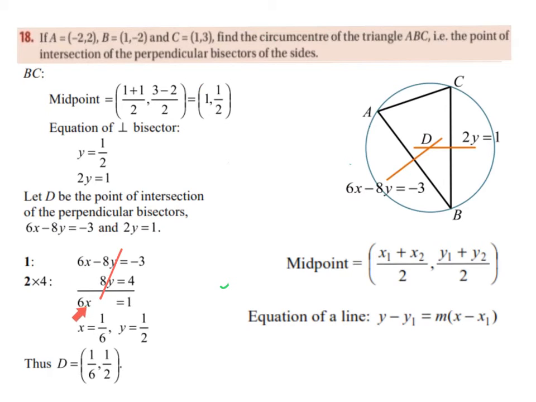So we have 6x is equal to 1, so x will be equal to a sixth. And then subbing x into one of the equations, doesn't matter which one, we'll get y is equal to a half. Thus D, the circumcenter of our triangle ABC, is (a sixth, a half). So the circumcenter is the point of intersection of the perpendicular bisectors of the sides.